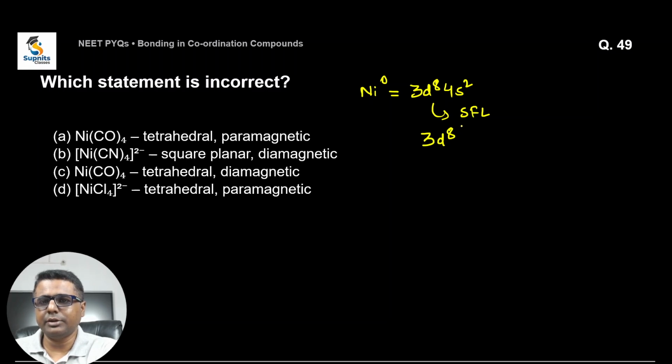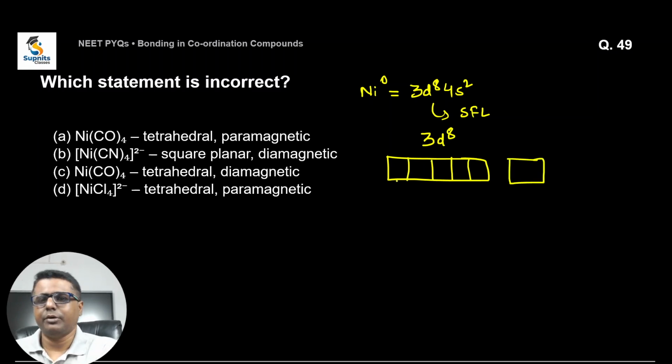this will be 3d8. Now this 4s, I'll draw this to make you understand more, because otherwise it will be problematic. So here the configuration is like this normally. But as it is an SFL, the carbon monoxide will push these s electrons to pair up.